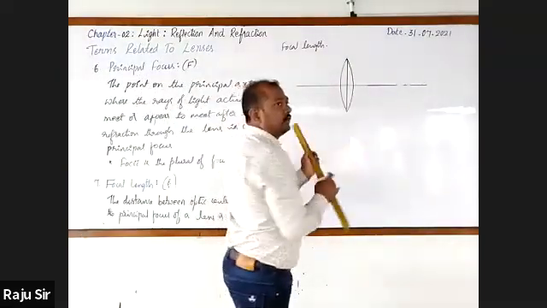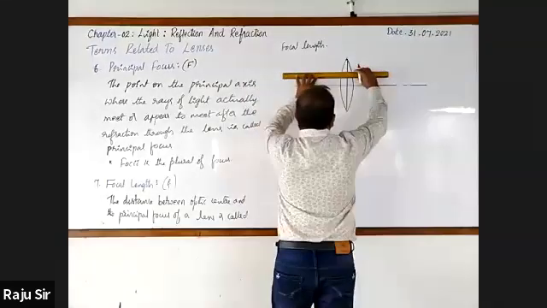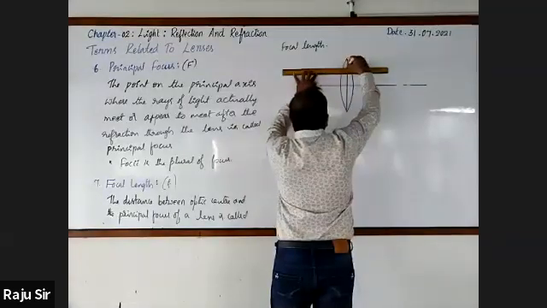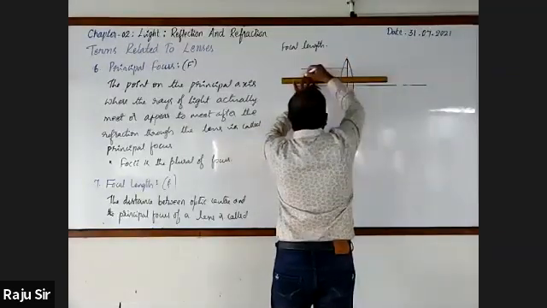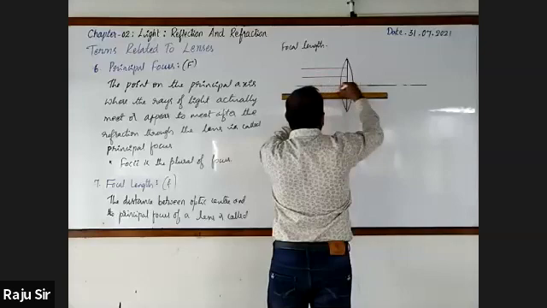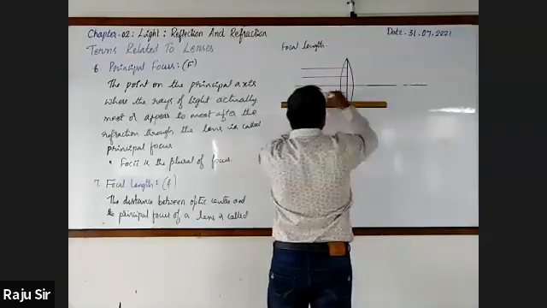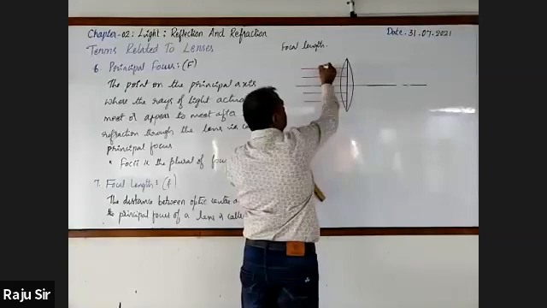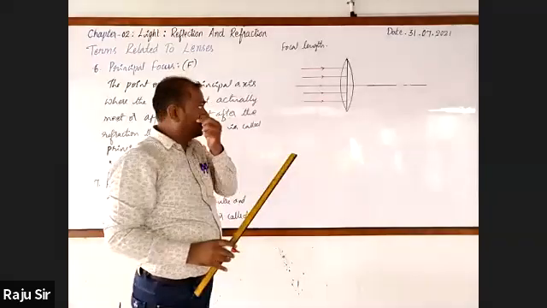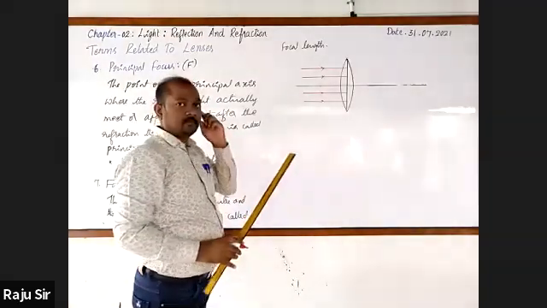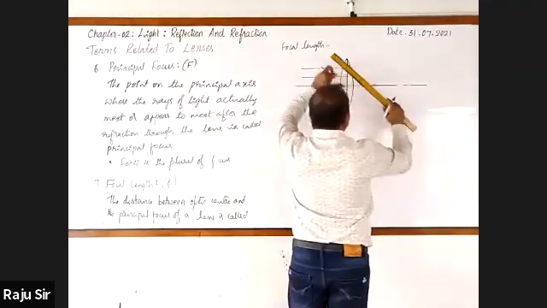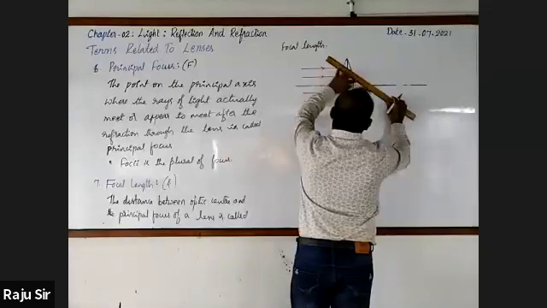Next, draw the rays of light incident on the lens parallel to the principal axis. Show the direction as well. Let all the light rays pass after the refraction.